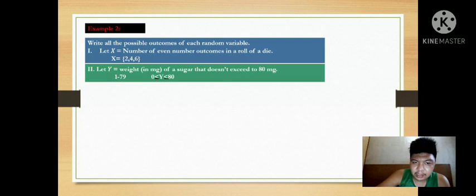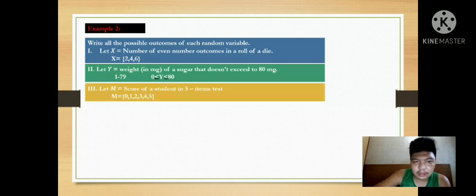Let Y be the weight in mg of sugar that does not exceed 80 milligrams. It is 1 to 79, and 0. Number 3, let M be the score of the student in a 5-item test. M is equal to 0, 1, 2, 3, 4, and 5.